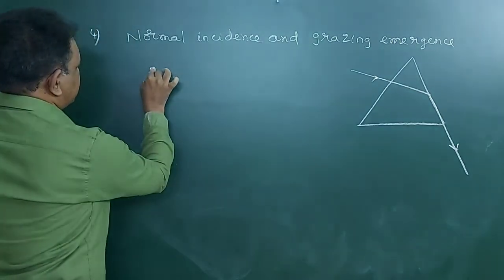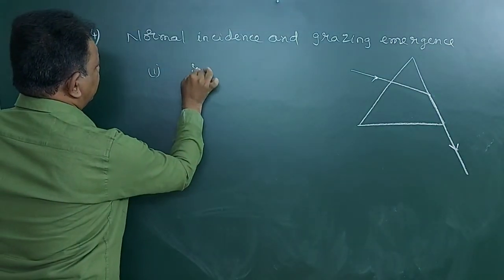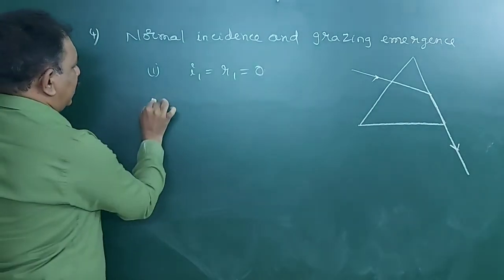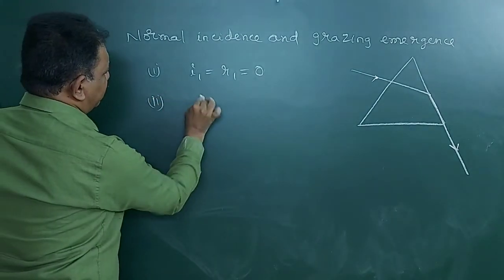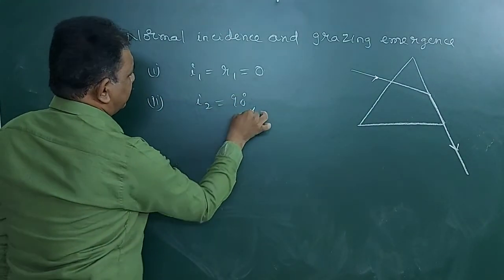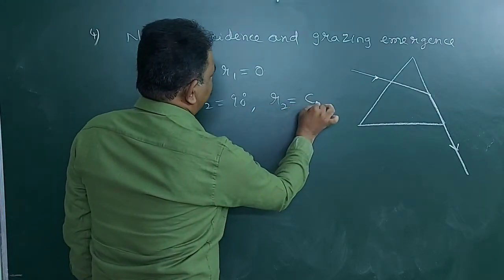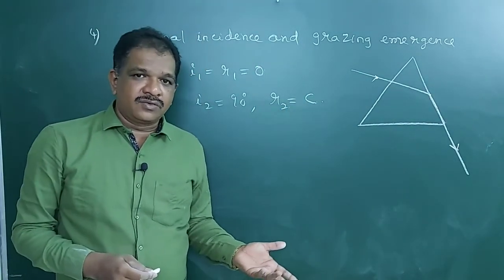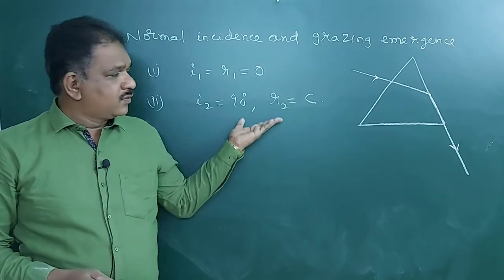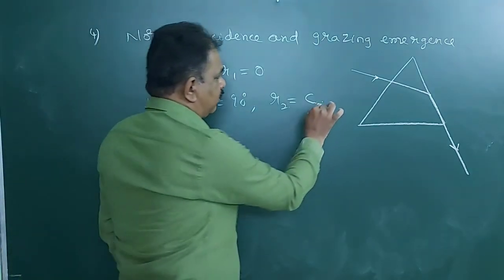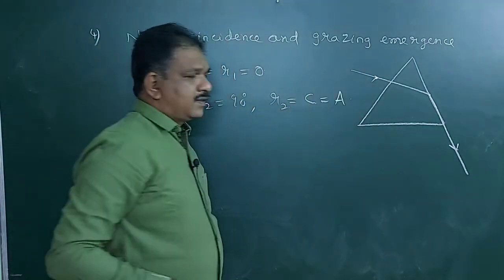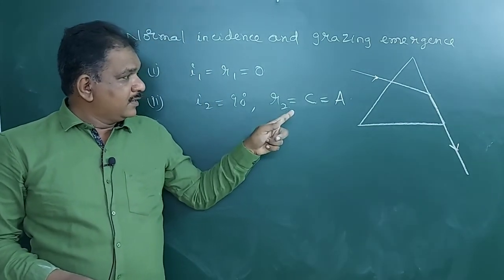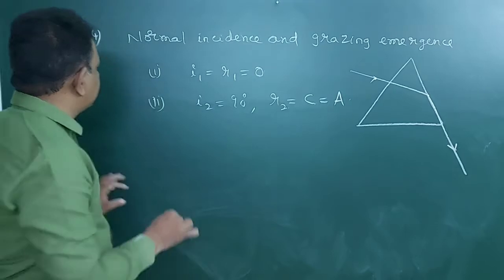In this case, I1 and R1 values will be equal to 0. I2 value will be equal to 90 degrees. R2 value will be equal to C. Because A is equal to R1 plus R2, R1 is 0, so R2 value will be equal to A. These formulas we will use in normal incidence and grazing emergence.